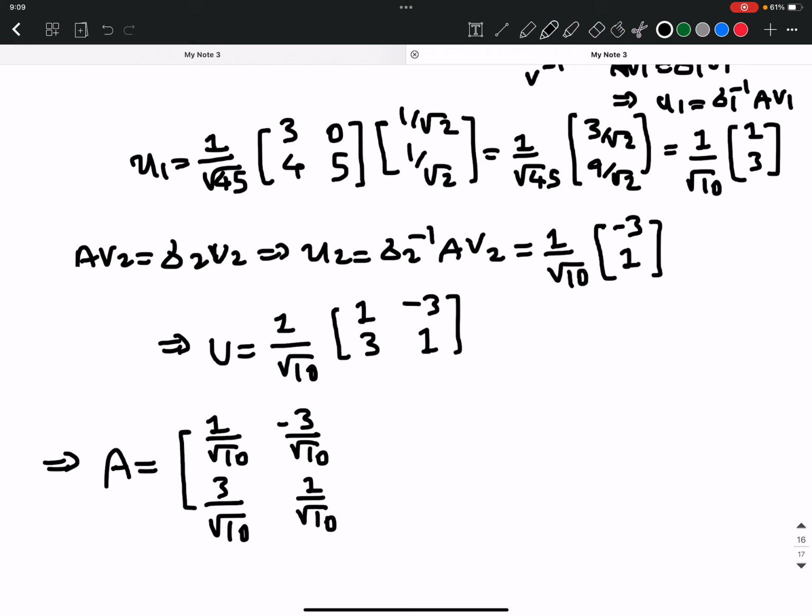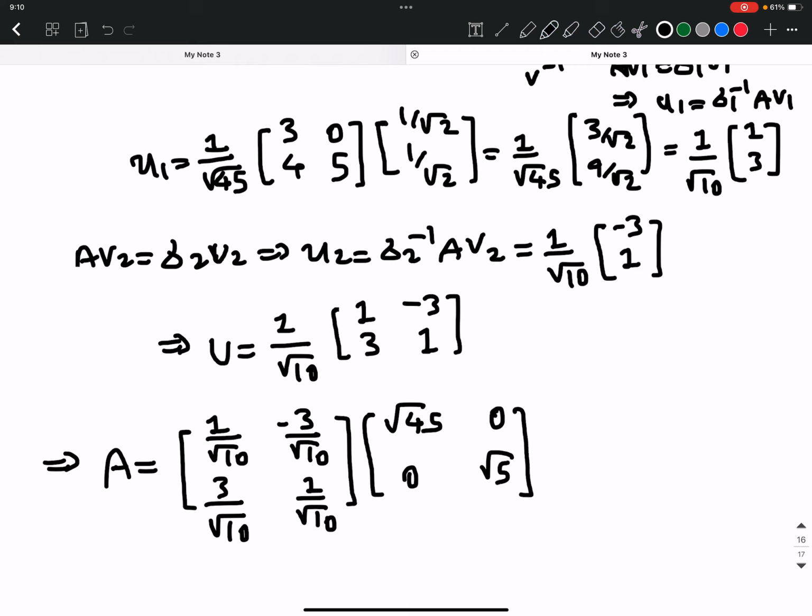Okay, so this is my U. Sigma is a diagonal matrix: square root of 45, 0, 0, square root of 5.